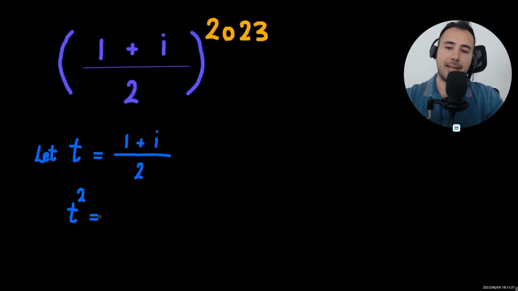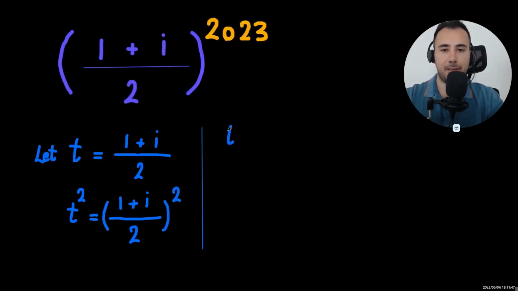See if we can find a pattern. So let's find the value of t squared. To do that, let's separate the numerator and denominator. Now we're going to expand (1 + i) squared.